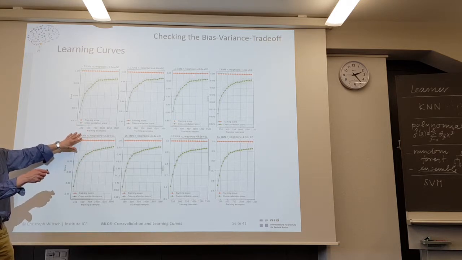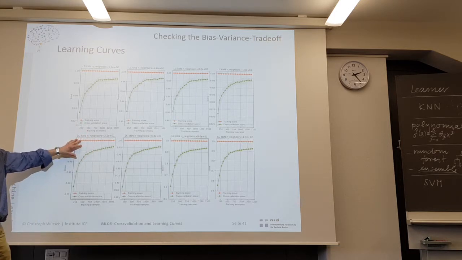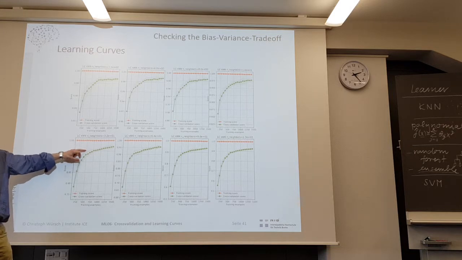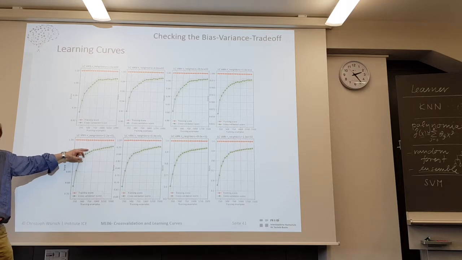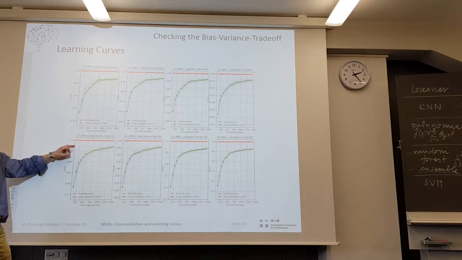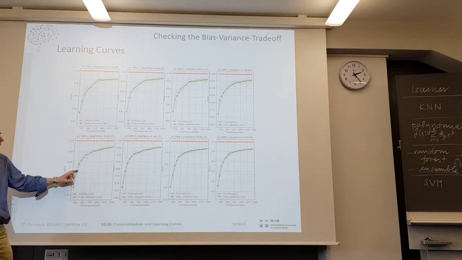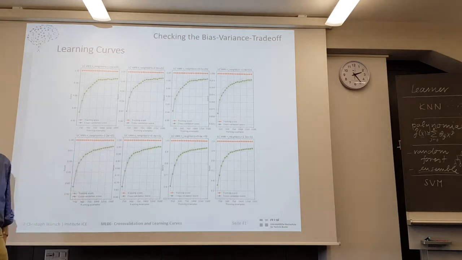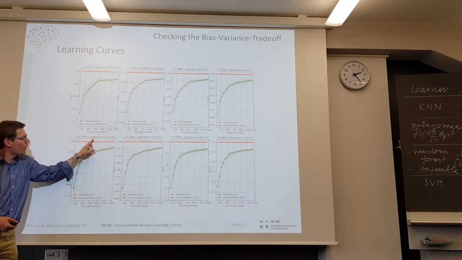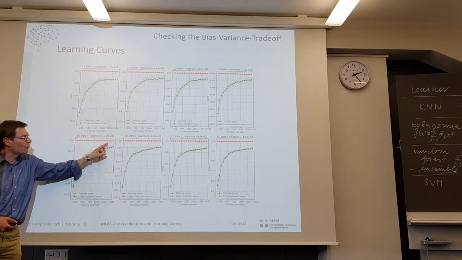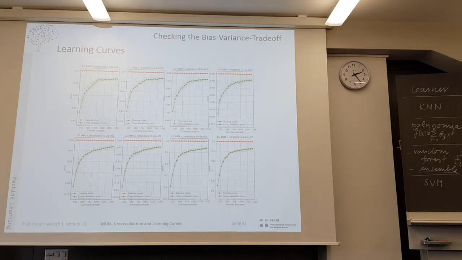For example, here we have our k-nearest neighbor classifier. We will analyze this, each one for yourself, and try to find out what the problem is here. We have on the training set accuracy 1. On the test set, it goes up. Here we have how many neighbors? 32 neighbors. It's quite smooth.